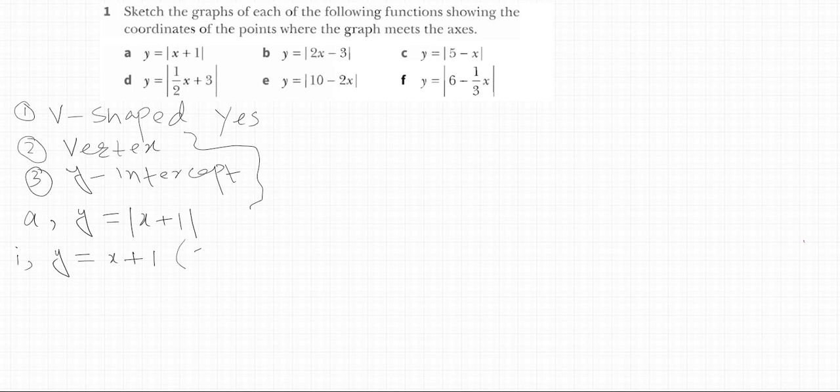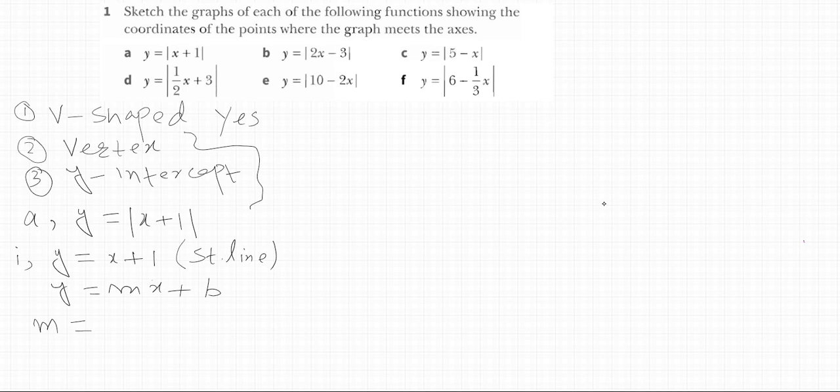This is a straight line, and what is the general equation of a straight line? y equals mx plus b. So if we compare the equation y equals x plus 1 with the general formula y equals mx plus b, where m means slope, m is the coefficient of x.